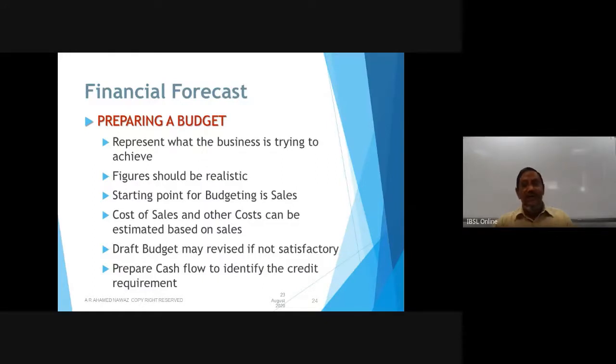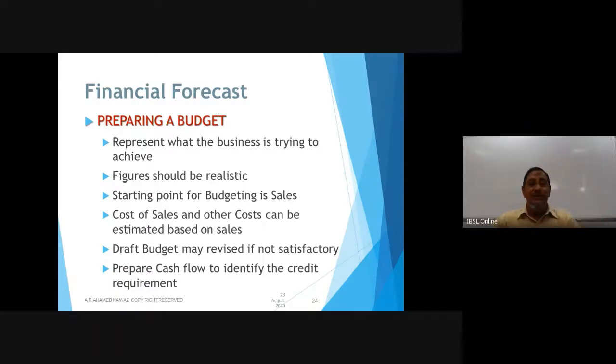The draft budget may be revised if not satisfactory. As we discussed earlier, the draft budget or projections are not permanent. If we review quarterly and are not satisfied, we have to make adjustments. Prepare cash flow to identify the credit requirement.